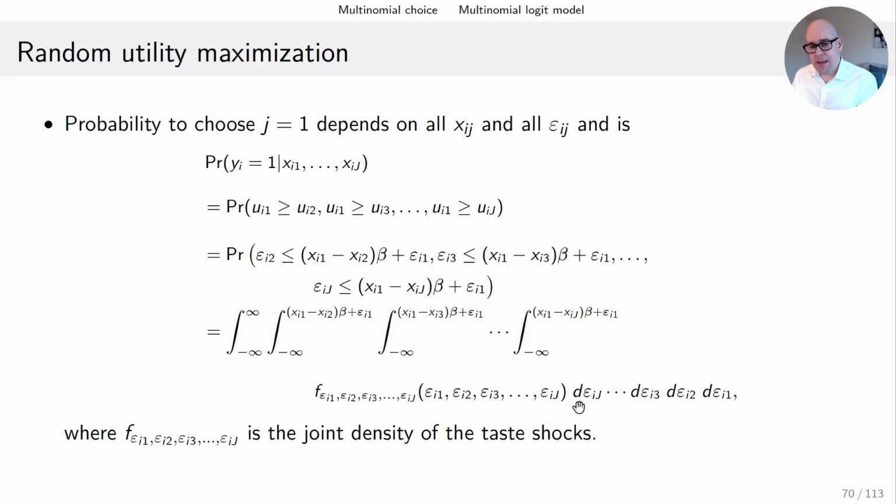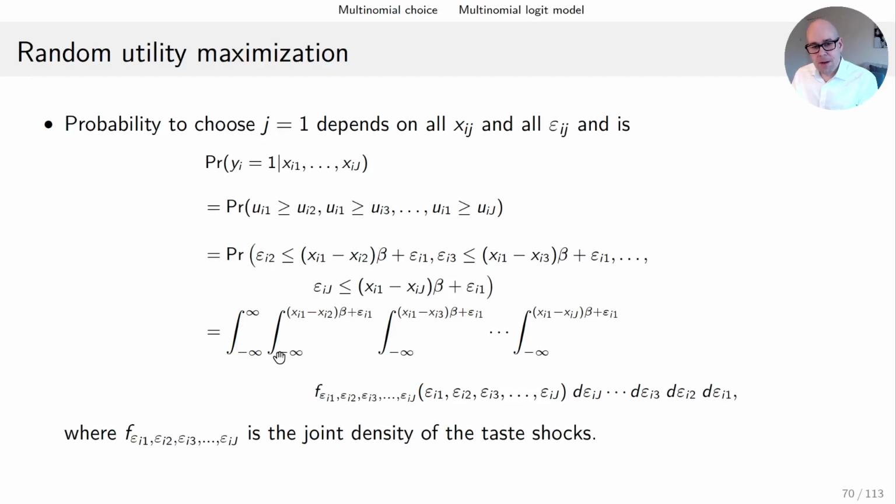So over all the epsilons. Here, this is integrating over epsilon 2, 3, up to epsilon J. And then the very first one is integrating over epsilon i1. So this is always integrating over these epsilons that are here on the right hand side of this inequality.